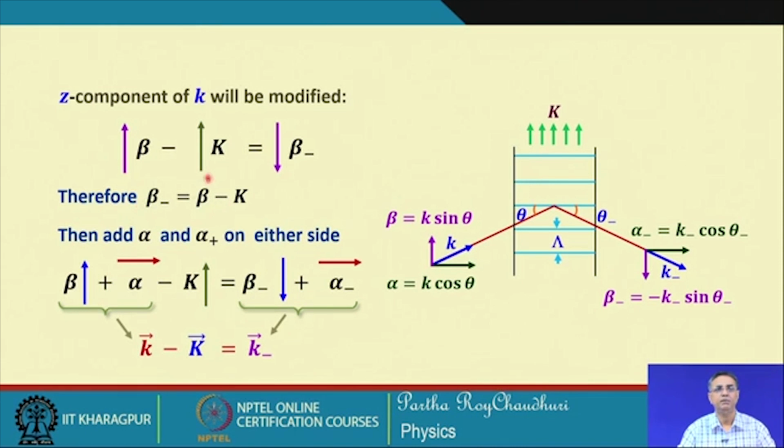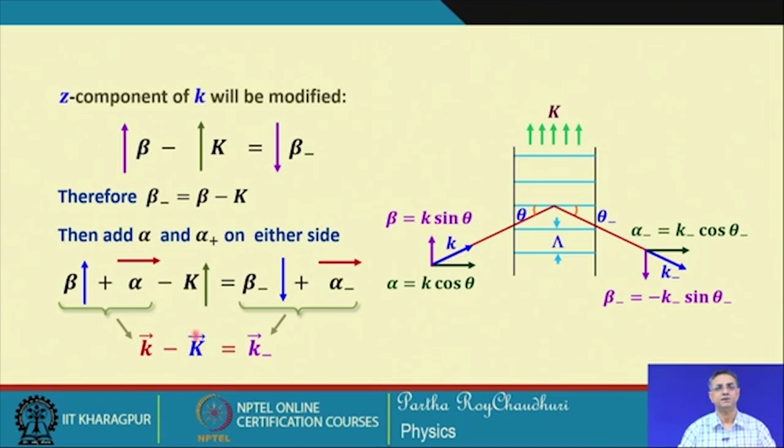Now, you have β₋ equal to β plus K. Therefore, if you add this α and α₋ on either side, in the same way β plus α will complete the propagation constant of the incident beam, this is the z component vector, this is the x component vector form. So, the resultant vector is this.